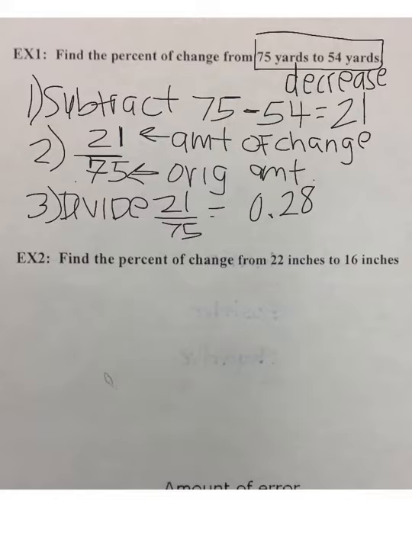So I subtracted, I put the amount of change over the original amount, I divided, and got 28 hundredths. The last step is I want to change this to a percent. So I'm going to take 0.28, and to make a decimal into a percent, we go to the right. That means it's going to be a 28% decrease.